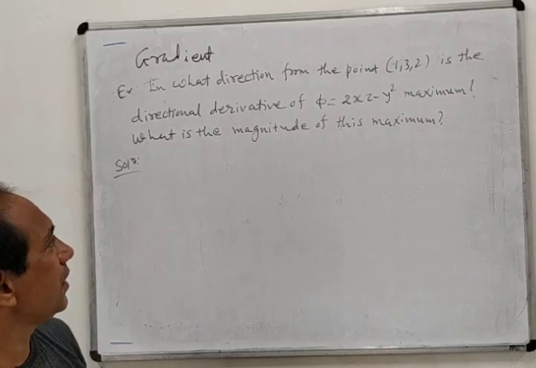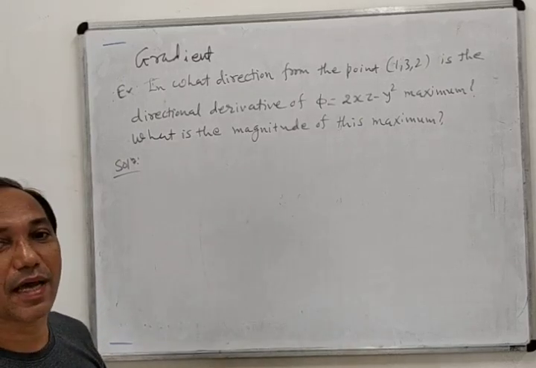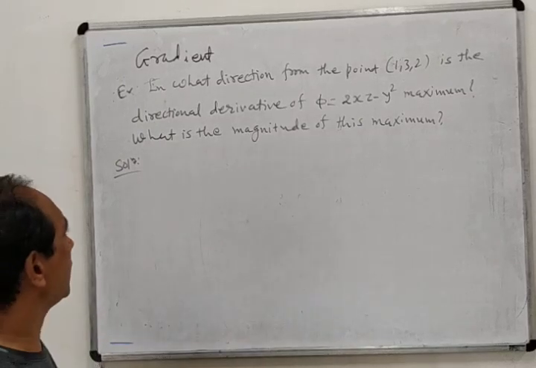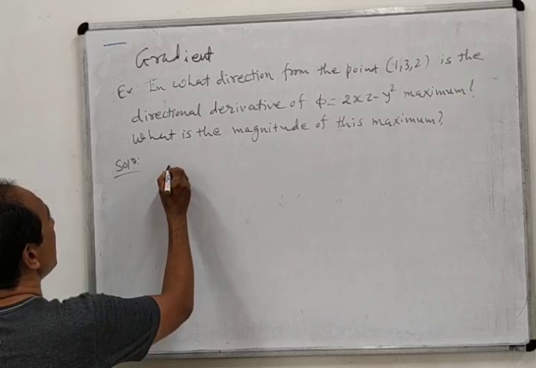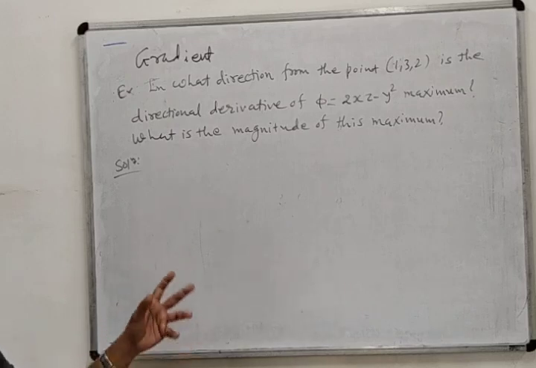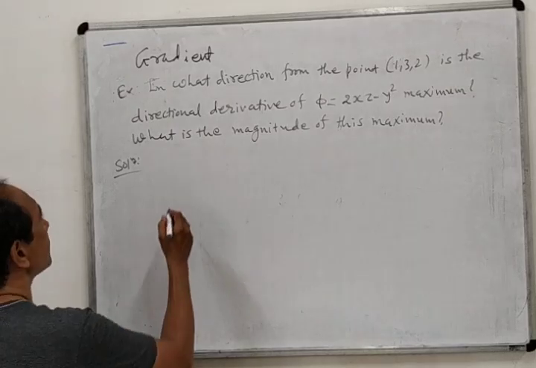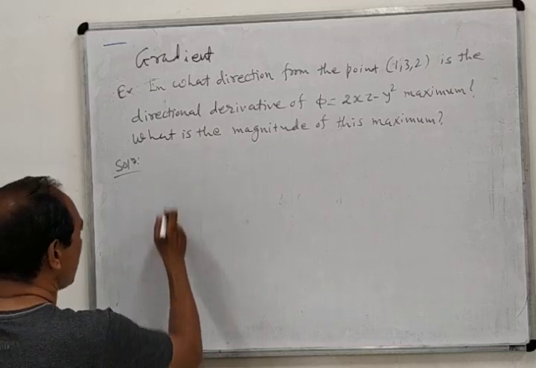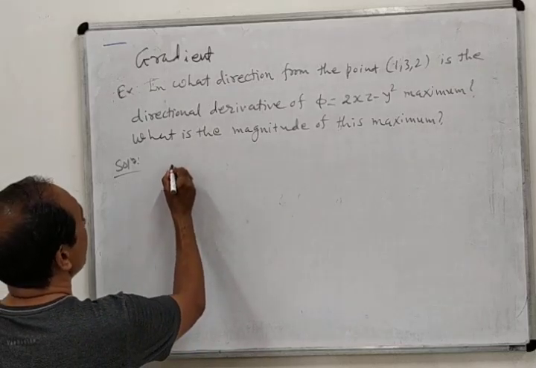So this is the maximum in the direction of the gradient vector. You must write down what is given, what is to find, and at which point, initially.